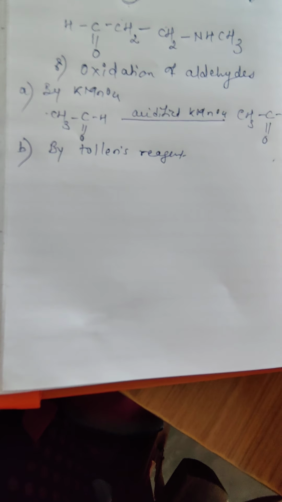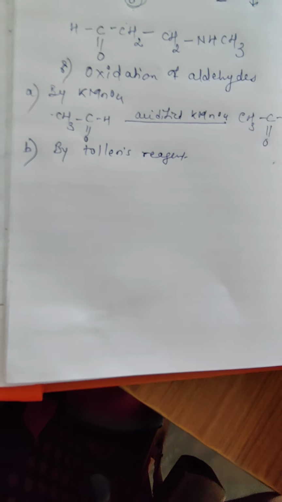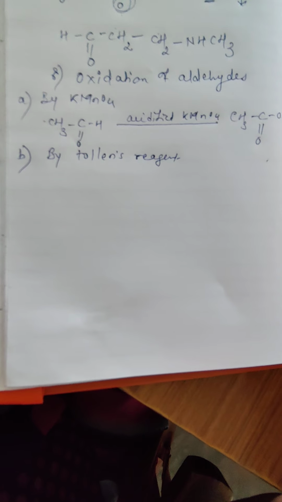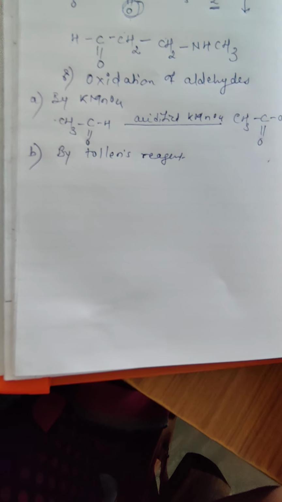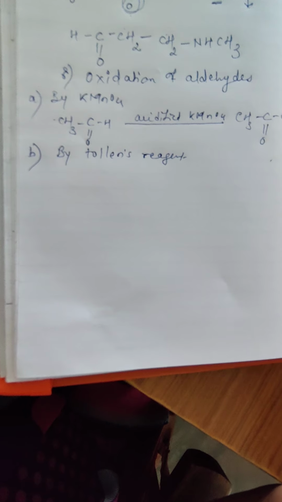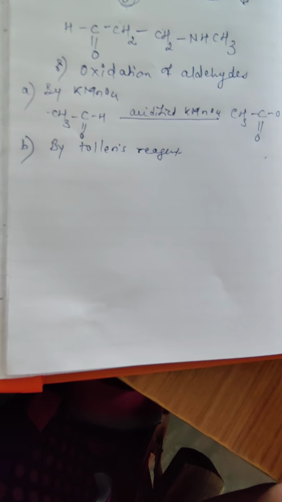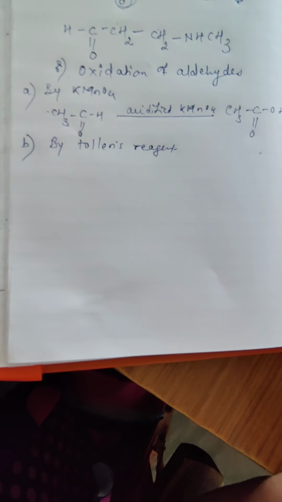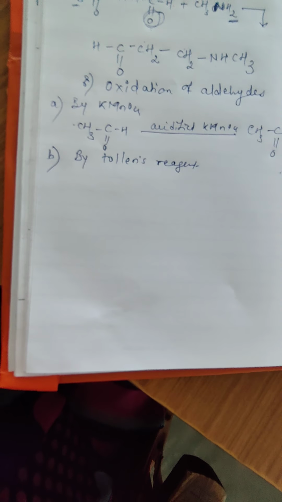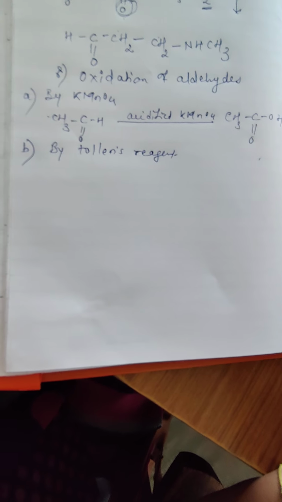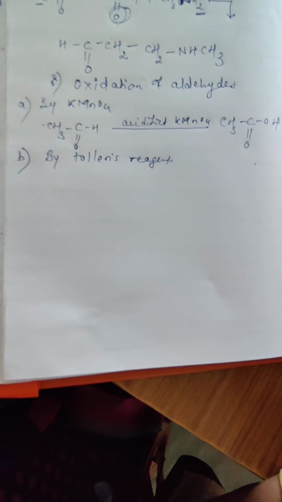So what is Tollens reagent? It is an ammoniacal silver nitrate solution, and that silver nitrate solution gets reduced because it oxidizes aldehyde to acid, so it itself gets reduced to metallic silver, which appears on the edges of the test tube in the form of a silver mirror. So this reaction is also known as the silver mirror test for aldehyde.